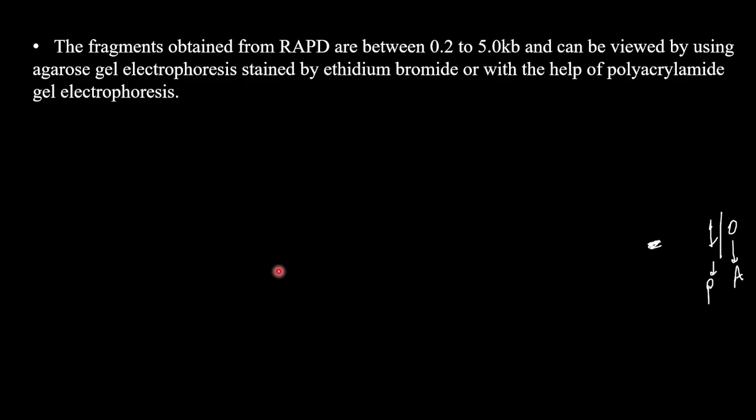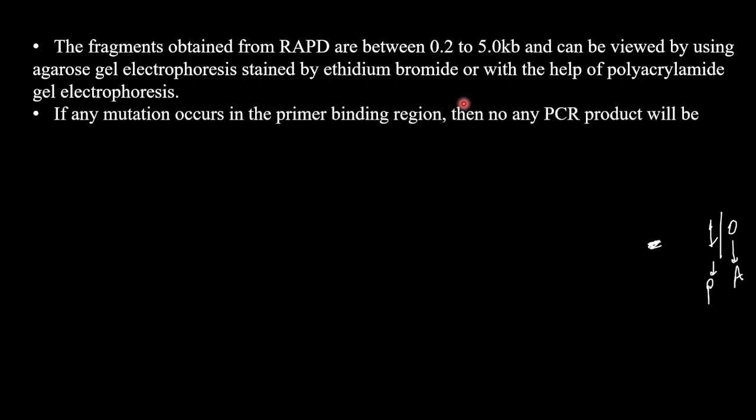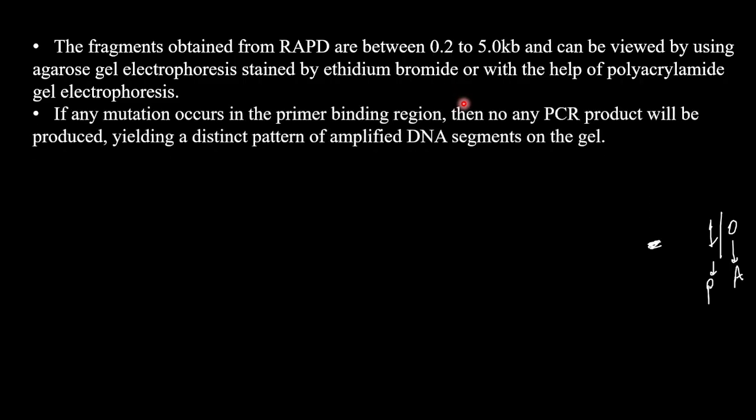You can see here that the fragments obtained from RAPD are between 0.2 to 5 kb, and because this is a PCR technique, you can see the bands by doing agarose gel electrophoresis after staining with ethidium bromide, or you can even do native PAGE. This particular technique is a binary technique.